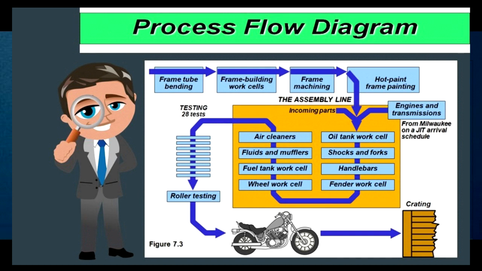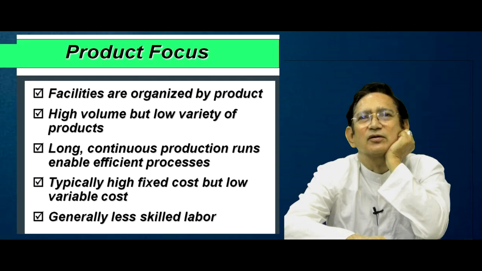The other side is air cleaner, muffler, fuel tank and work cell, wheel work cell, etc. Then testing is done, and then roller testing is done. Then crating, and it goes to market if the material is ready.